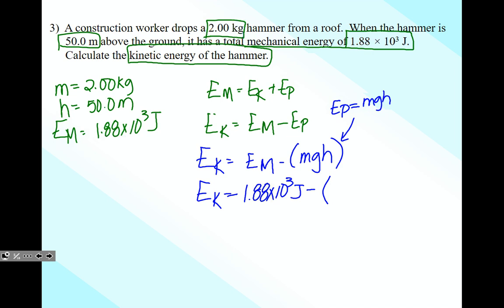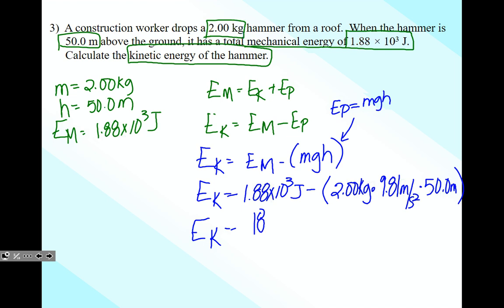I'm going to extrapolate on that: 2.00 kilograms, that's the mass, multiplied by 9.81 meters per second squared, multiplied by my height, which is 50 meters. EK is equal to 1880 joules, subtract 981 joules. I'm just going back and forth from scientific notation to not scientific notation, but you can leave it in scientific notation, that's fine. My EK then is equal to 899 joules.